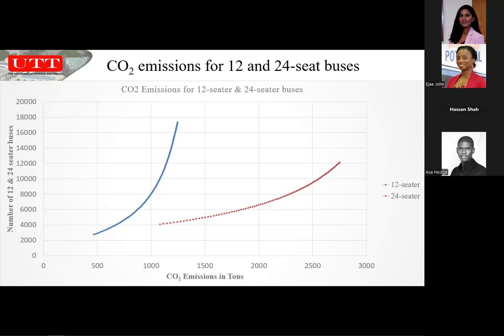That model has a lower fuel efficiency and a higher fuel consumption than the Toyota Hiace for the 12-seater. However, we can always consider more fuel-efficient 24-seater buses or maxi taxis.